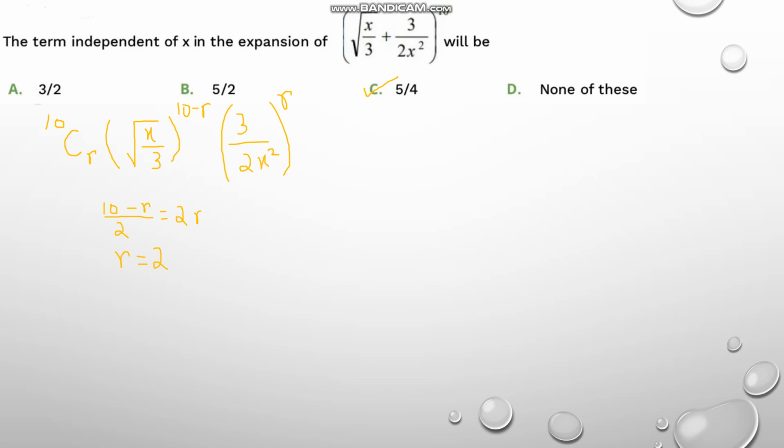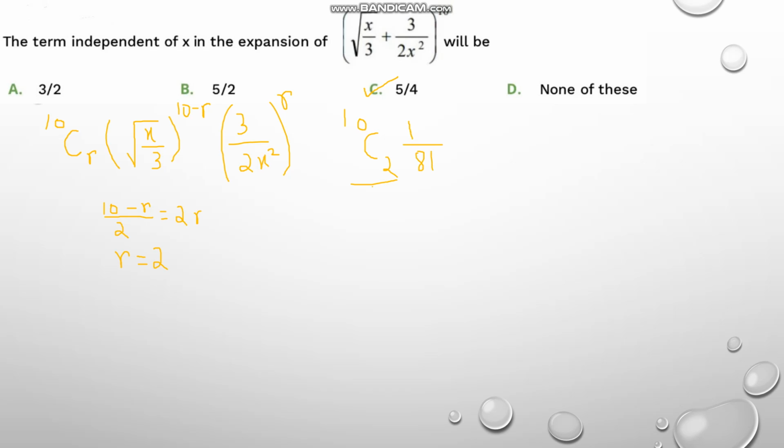Now finding the term. 10C2, instead of r we will write 2 everywhere. We need not write anything in x. So 3 to the power 8 is 3 to the power 4, which is 81.